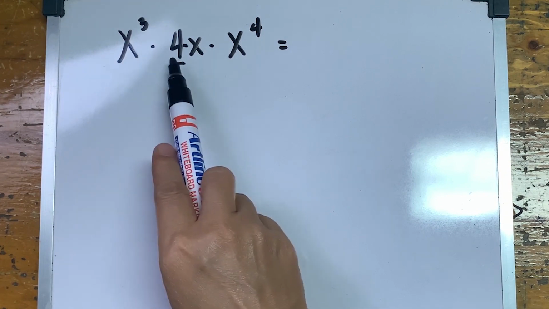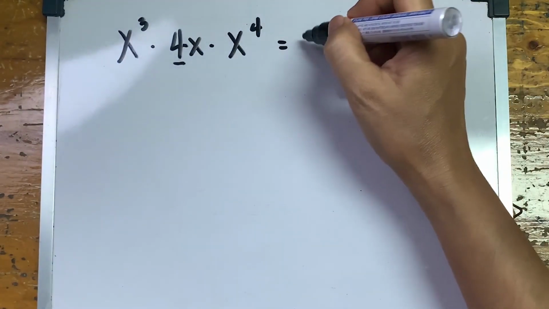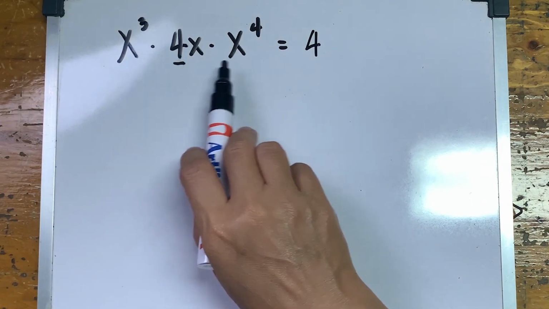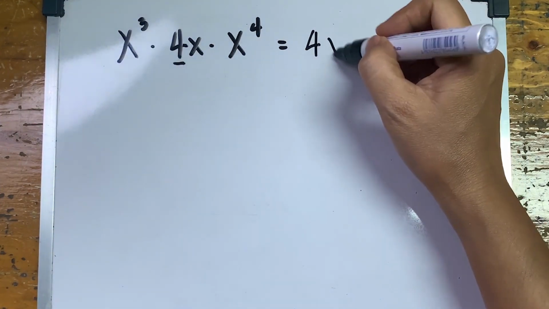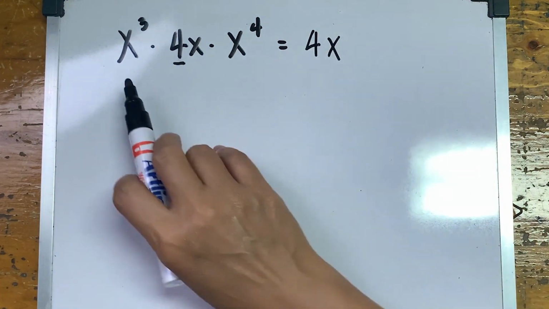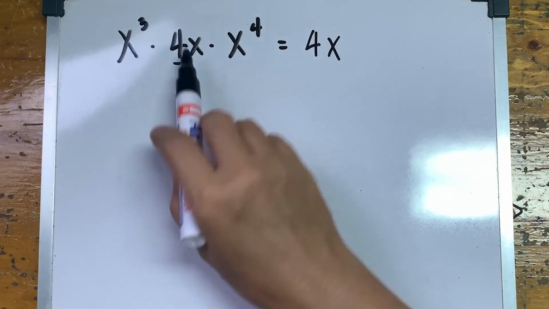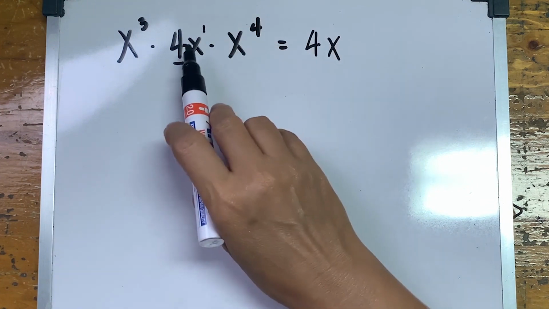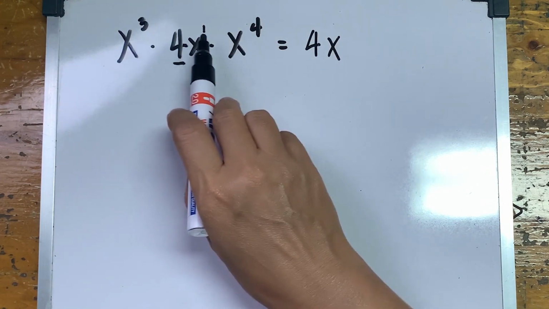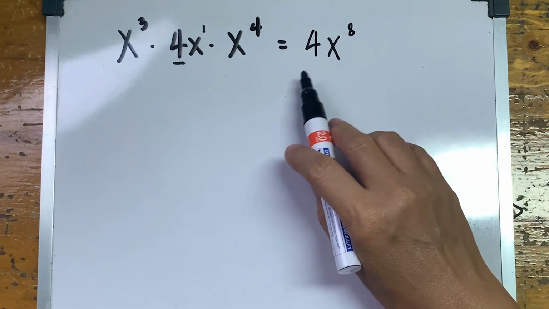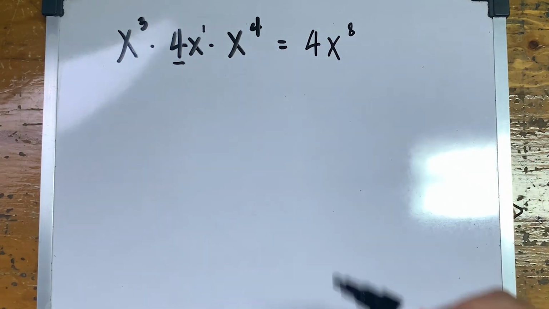So 1 times 4 times 1 gives us 4. And then, since we all have the same base, let's write x, and then add all the exponents. So it's 3, this one has a 1 exponent, so 3 plus 1 plus 4 gives us 8. So the answer here is 4x raised to 8.